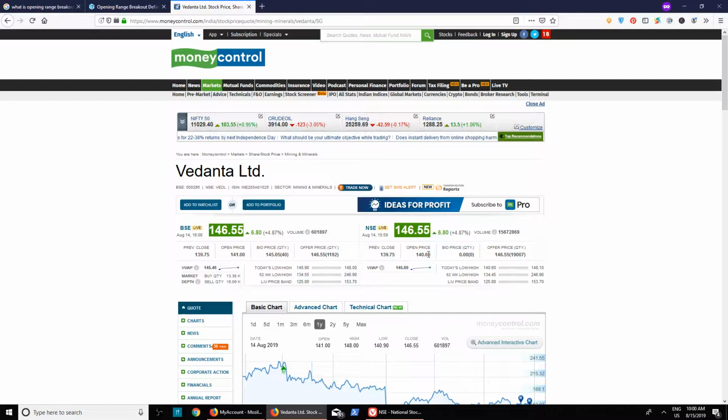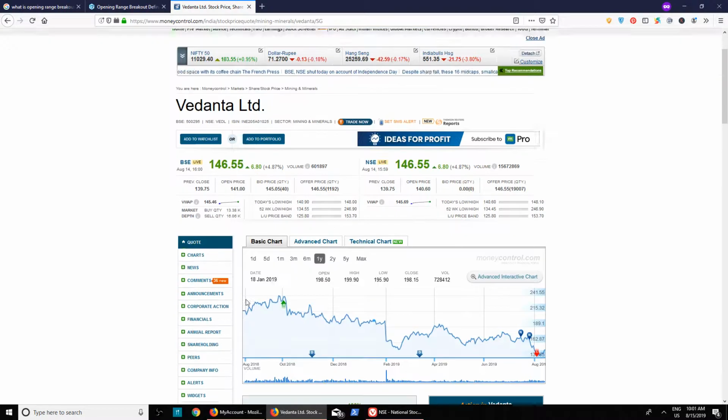So at 9:30 the 15 minute candle will be closed, which means the 15 minute high and low will be made. This was the low, because it didn't go below it, and there would be a high at that time.